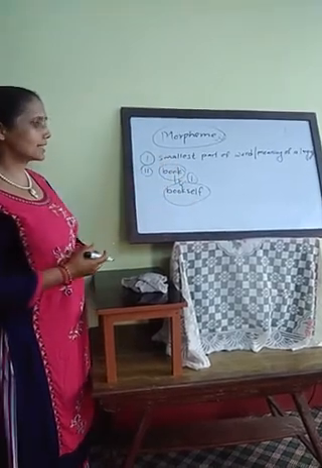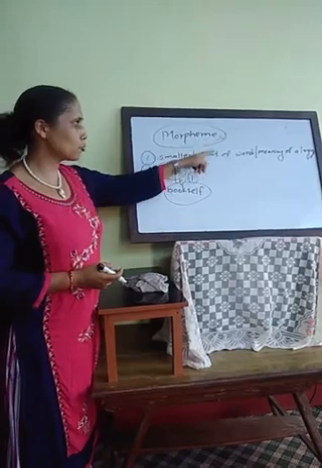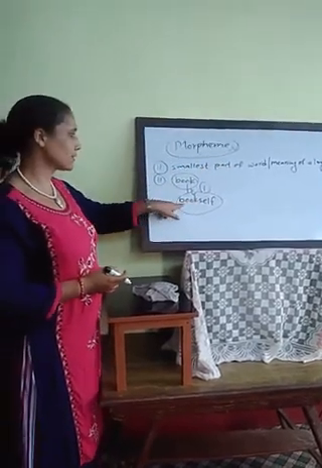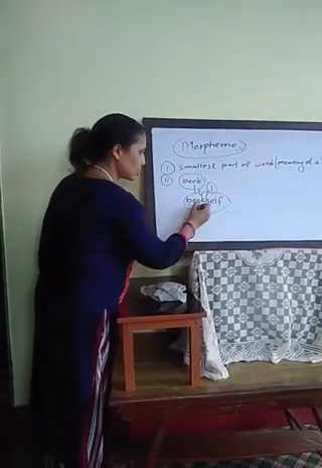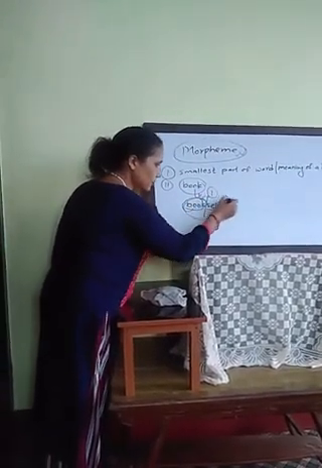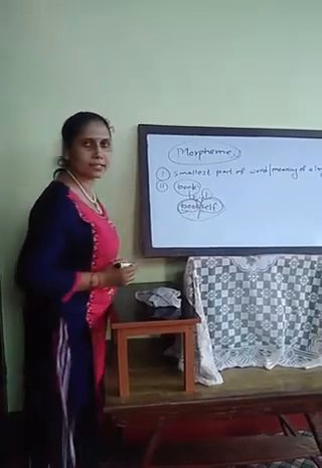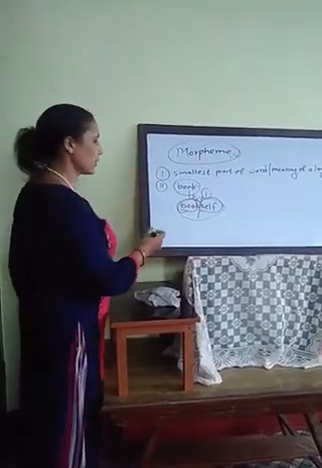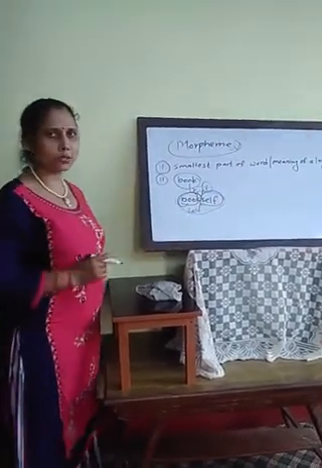Book only is also a word. If we break this, this is one morpheme and this is another morpheme. Bookself is a combination of two morphemes, and when we combine these two morphemes, again it makes a single word.